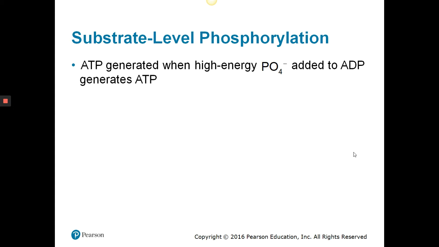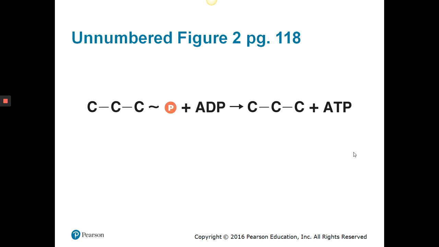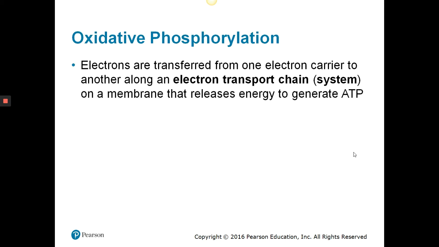So again, when high energy phosphates are added to ADP, we generate ATP, which is what we use for energy. You can see the same thing here. So electrons are transferred from one electron carrier to the next, down what we call the electron transport chain. And that is the energy that we're going to use to generate ATP.